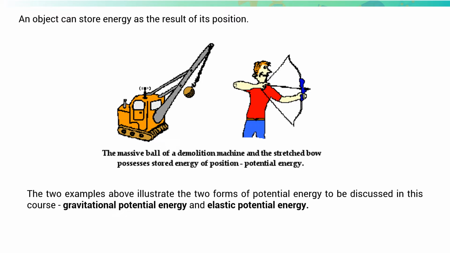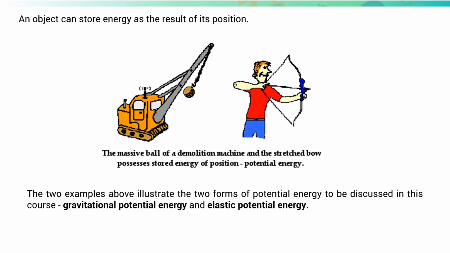Similarly, a drawn bow is able to store energy as the result of its position. When assuming its usual position, there is no energy stored in the bow. Yet when its position is altered from its equilibrium position, the bow is able to store energy by virtue of its position. The stored energy of position is referred to as the potential energy. Potential energy is stored energy of position possessed by an object.